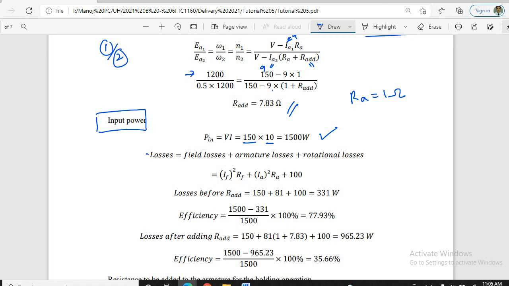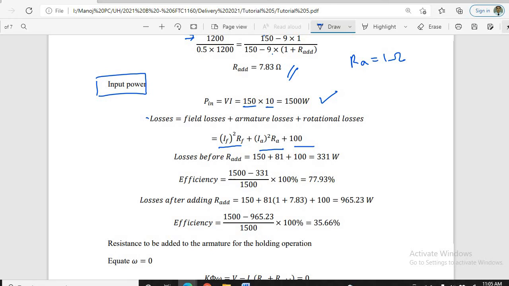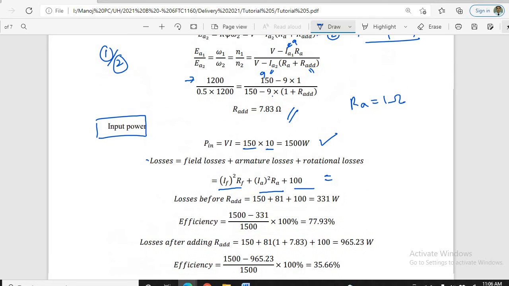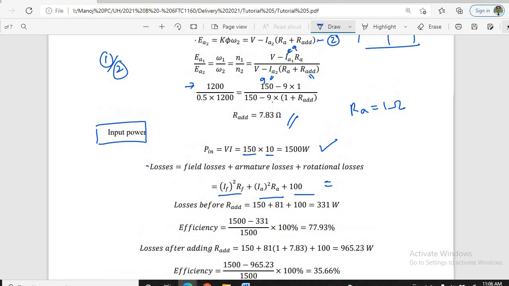Then losses we can write as field loss, armature loss, and the rotational loss, right? So we can calculate what is I_F. I_F is 1, so 1 squared into R_F, which is 150, plus, what is I_A?